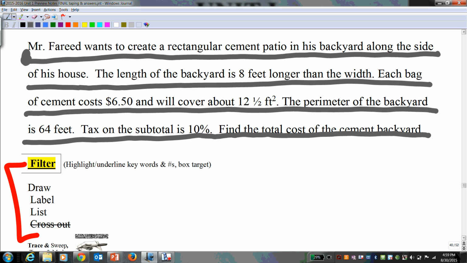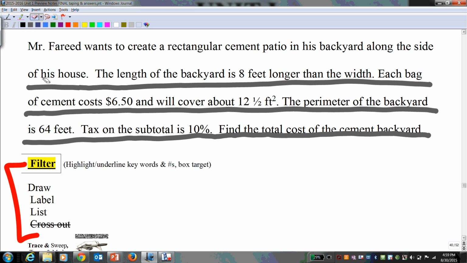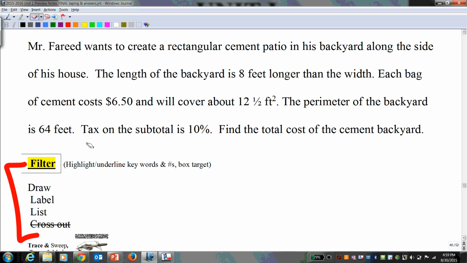So you should have read that out loud with your finger tracking in all those lines. Now, filtering means you go back and highlight or underline keywords and all numbers. So get out a highlighter or you can use a pen. Mr. Fareed wants to create a rectangular cement patio in his backyard along the side of his house.